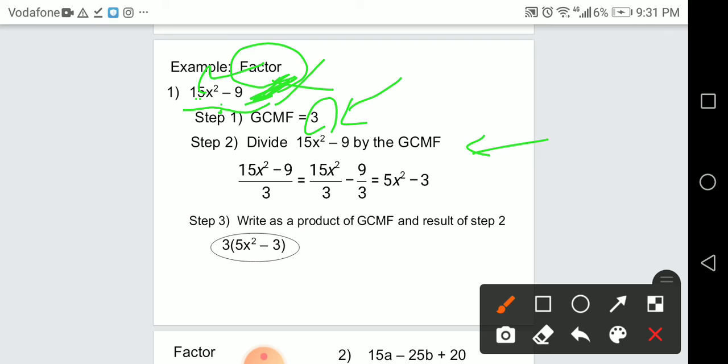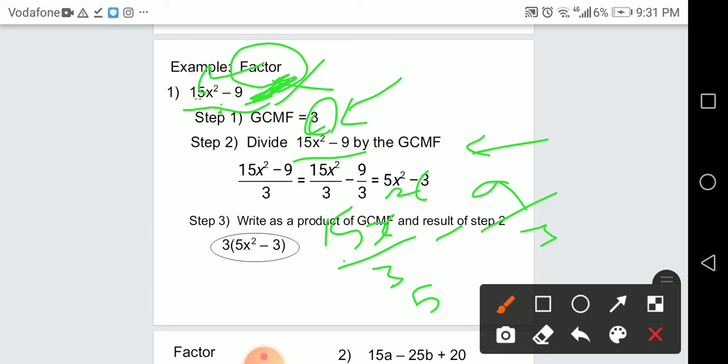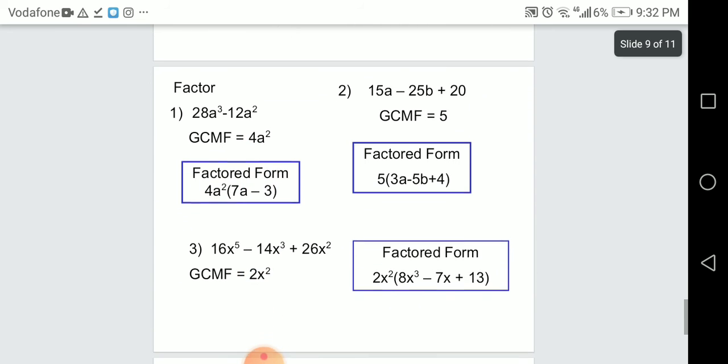The next step, I will divide the whole expression by just 3. 15x to the power 2 divided by 3 minus 9 divided by 3. 15 divided by 3 gives me 5. X to the power 2 keeps the same. 9 divided by 3 gives me 3. So it will be 5x squared minus 3, all multiplied by 3. Is it easy? I think it is now.